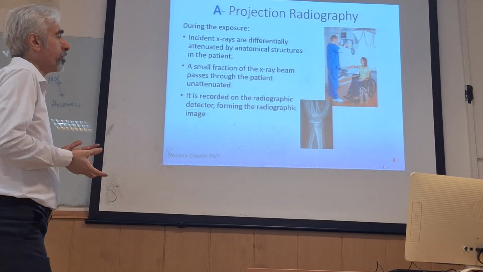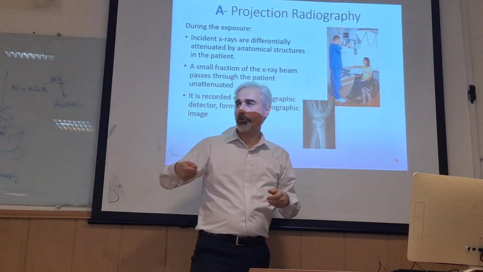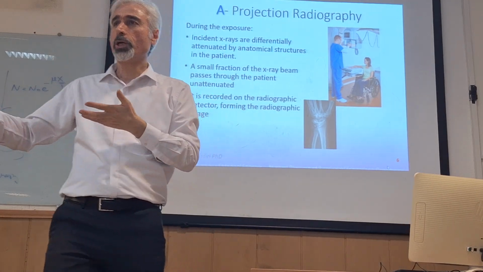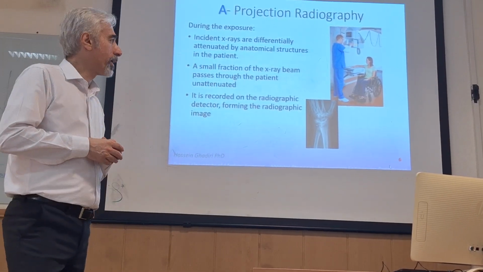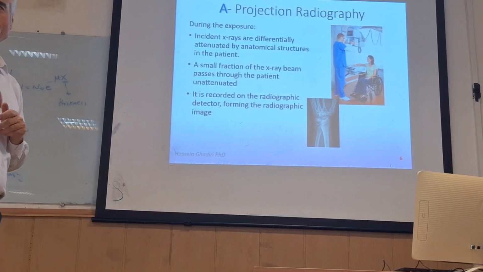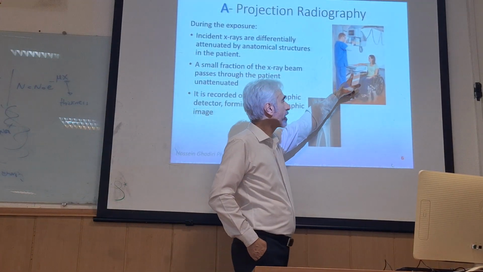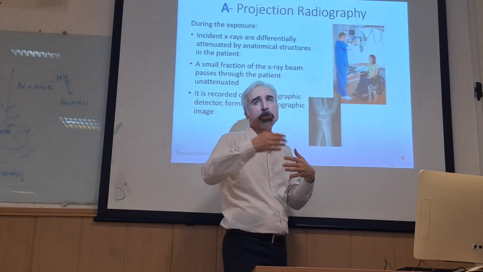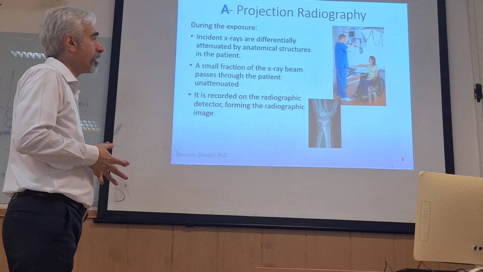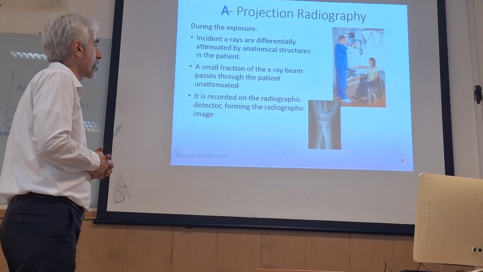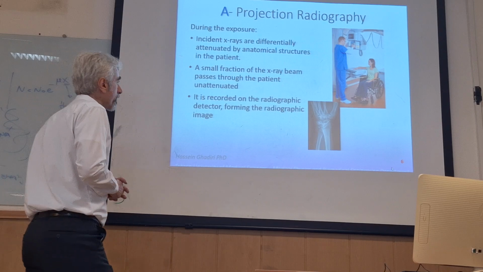If we have a film, after exposure we should take out the screen film and go to the dark room to form the image in the film by a chemical process. In the digital case, there is a cable here connected to the detector, going to the computer, and immediately after the exposure, we can see the images in the computer.